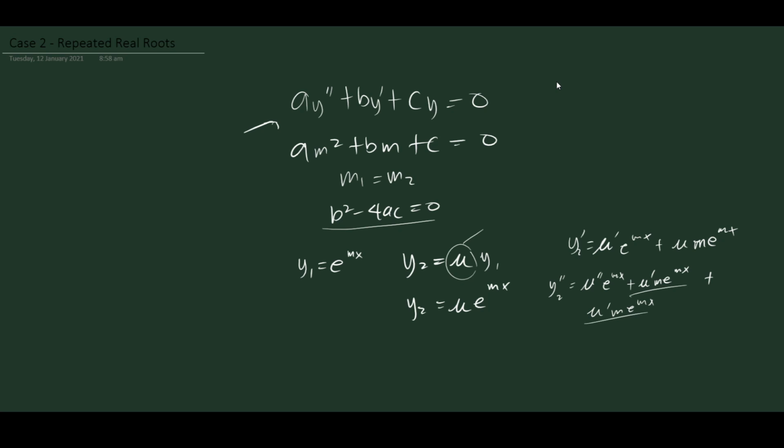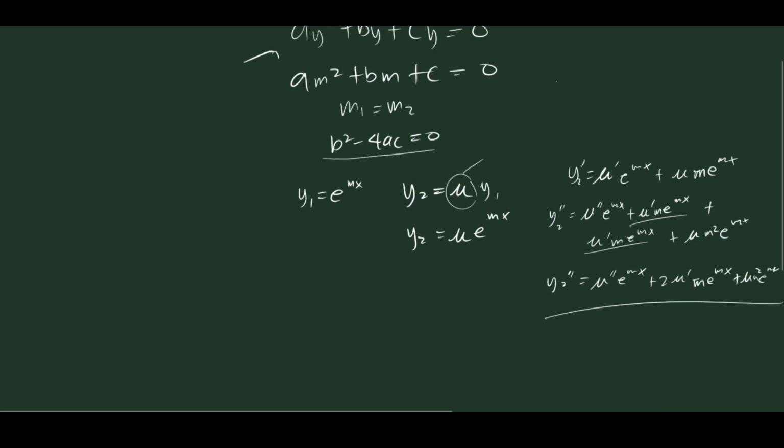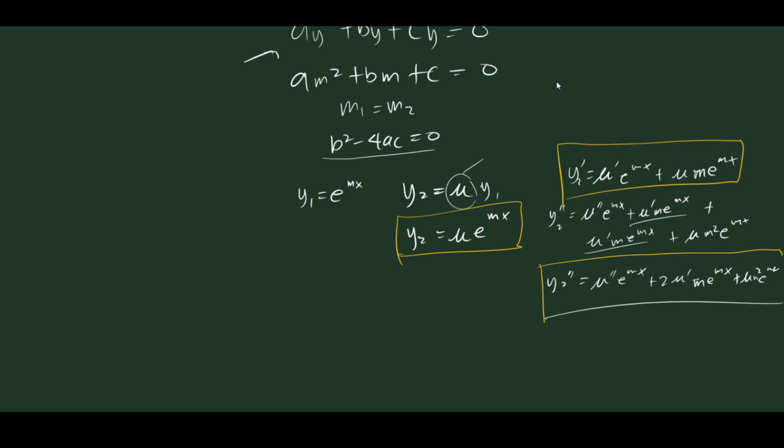So these are like terms, and then plus mu m squared e raised to mx. Okay, so let's simplify this by adding the like terms: mu double prime e raised to mx plus 2 mu prime m e raised to mx plus mu m squared e raised to mx. Okay, so we will be using this one, and also this one.